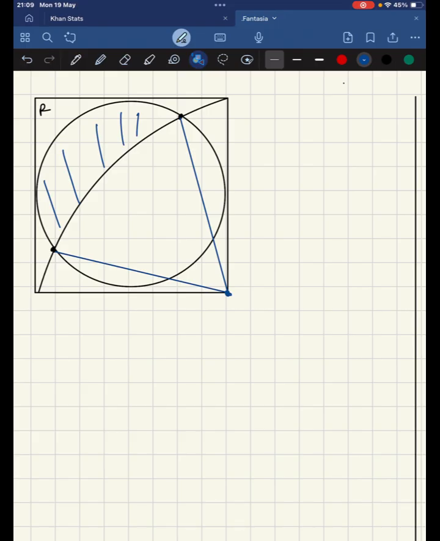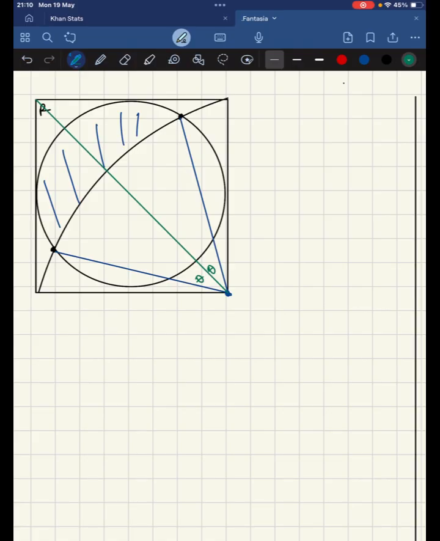Okay. We also know that the diagonal would be there, right? And then we know that this angle and this angle are the same, right?